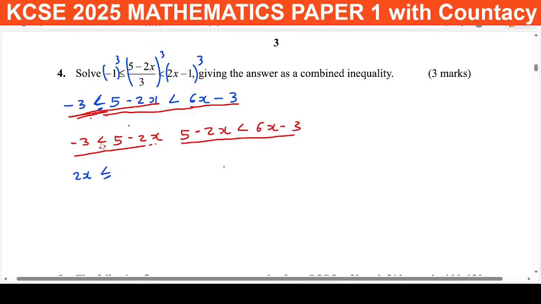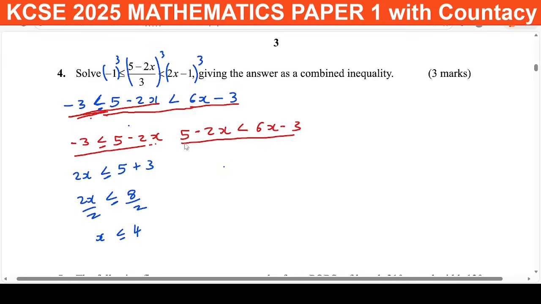We have the sign there, and then we have 5 plus 3. We pick -3 to this other side to have it as +3. So finally we have 2x is less or equal to 8. We can divide by 2 there, and that's going to give us x is less or equal to 4.